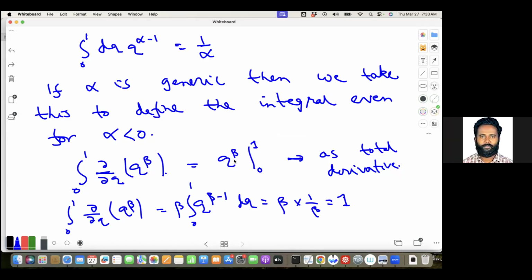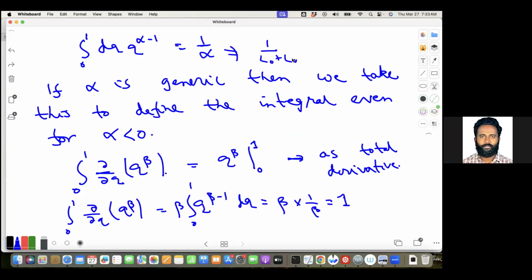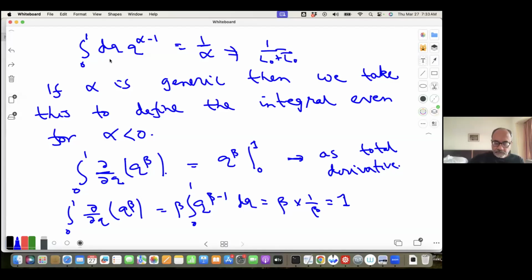So at generic momentum, if you use this rule, and this is what you get from string field theory in any case, because in string field theory this is more fundamental. This is the worldsheet expression, but in string field theory it is basically 1 over L0 plus L0 bar. That's the starting point. Then you use the Schwinger parameterization to get to this form. So from the string field theory perspective, this is the correct procedure, and that allows us to ignore total derivatives.